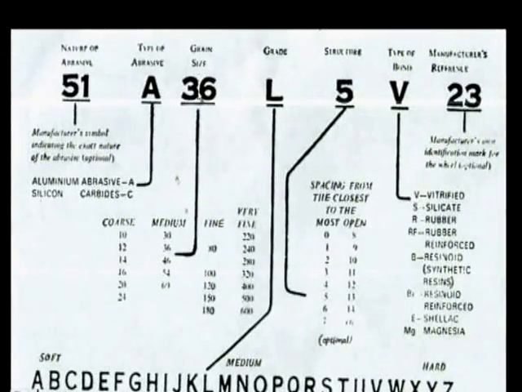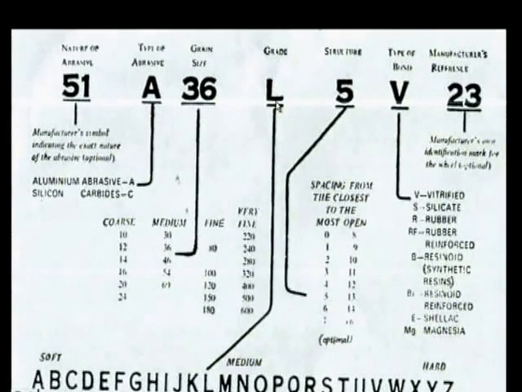Next one is grain size, this is 36. Grain size means per inch how many grains there will be, that is 36. Here coarse, medium, fine, three things are there. Coarse means 10 to 24, medium 30 to 60, and fine is 80 to 180. Now, 36 comes under medium. So, this is a medium grain size.